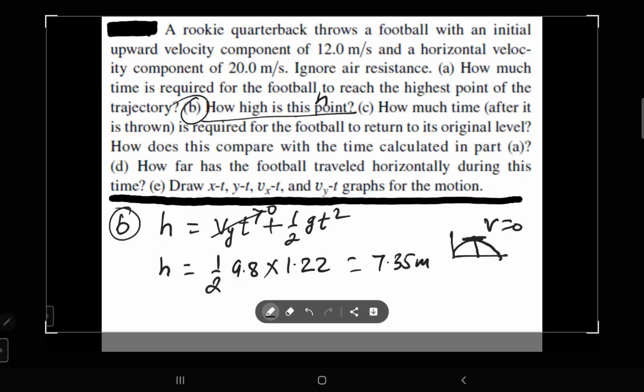Let me do it again. Check it again, whether we are correct or not. 9.8 divided by 2, and it is a different value, so this is not a correct value.